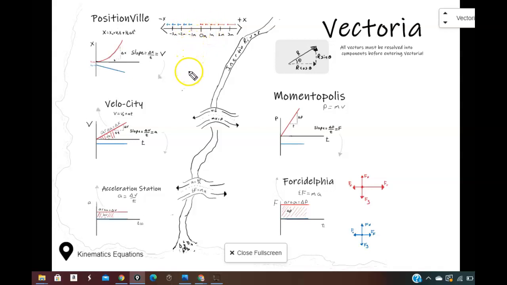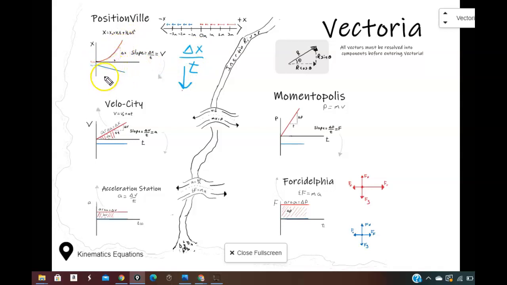There are some rules we need to follow to memorize the different connections. Every time we move down in our map, for example from Positionville to velocity, I take the change of the thing above and divide it by time to get to the item below. So if I take the change in position, or displacement, and divide it by time, I get velocity. That rate of change over time is the same as the slope of my position-time graph.